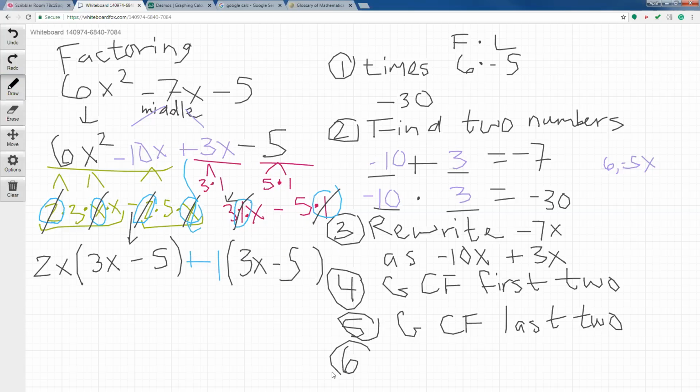So the last step is to write your answer. And technically, we're actually greatest common factoring again. If we look at that first thing as one entire thing and the last part as one entire thing, what do they have in common?